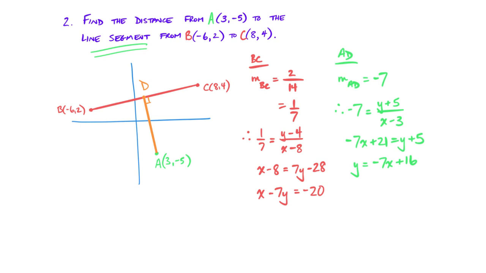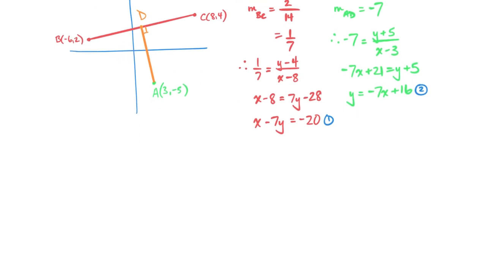Okay, there's my equation 1, there's my equation 2. I am now going to solve for D, or find D, by solving my system. Okay, I need to slide this up on my screen. So I am now going to find the location of D, and I'm going to do that by subbing equation 2 into equation 1.